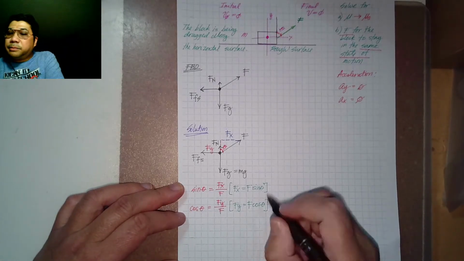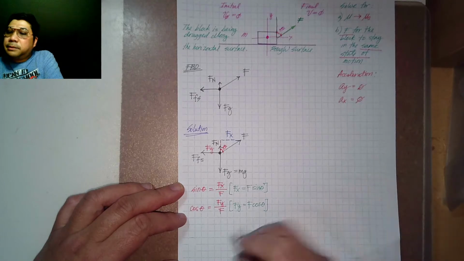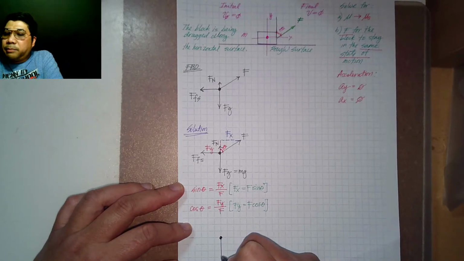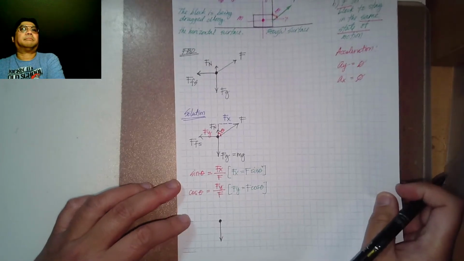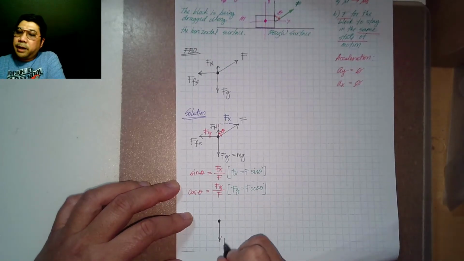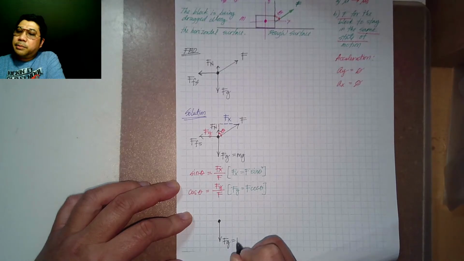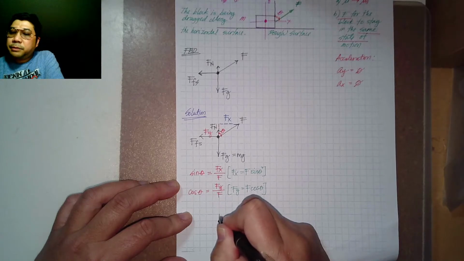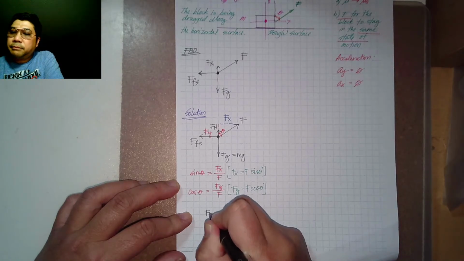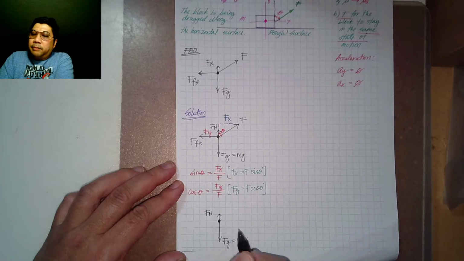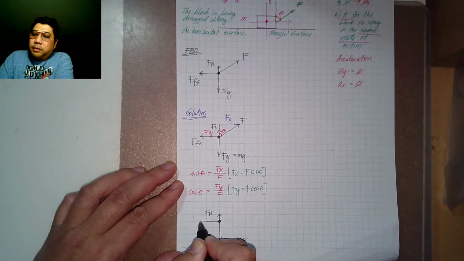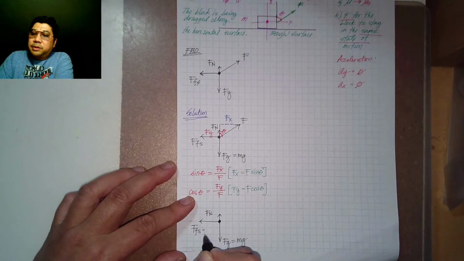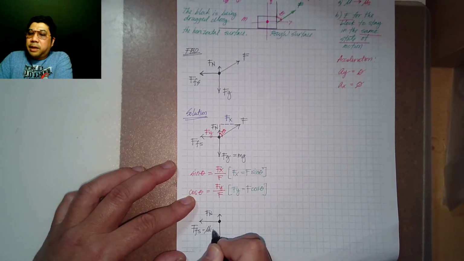Now, let me finalize the last part of my free body diagram. I would have my Fg again, so my Fg is mass times g. And I have my normal force, which is Fn. I have my force of static friction, which is mu s times normal force.